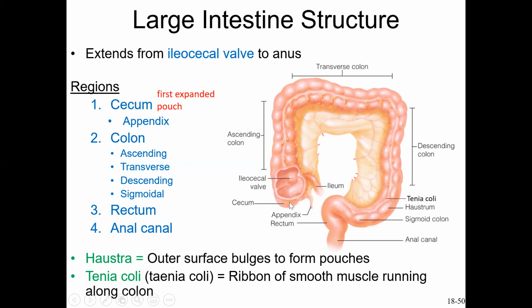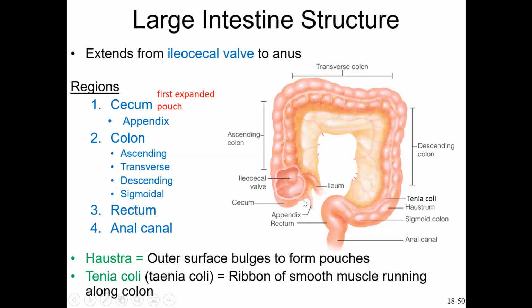And the problem with a burst appendix is that it is life-threatening, because you're just releasing infectious pathogens all over the entire abdominal cavity, which can be really, really bad. Okay, so yes, if you hurt on the lower right side of your abdomen, you definitely want to get yourself to the hospital.